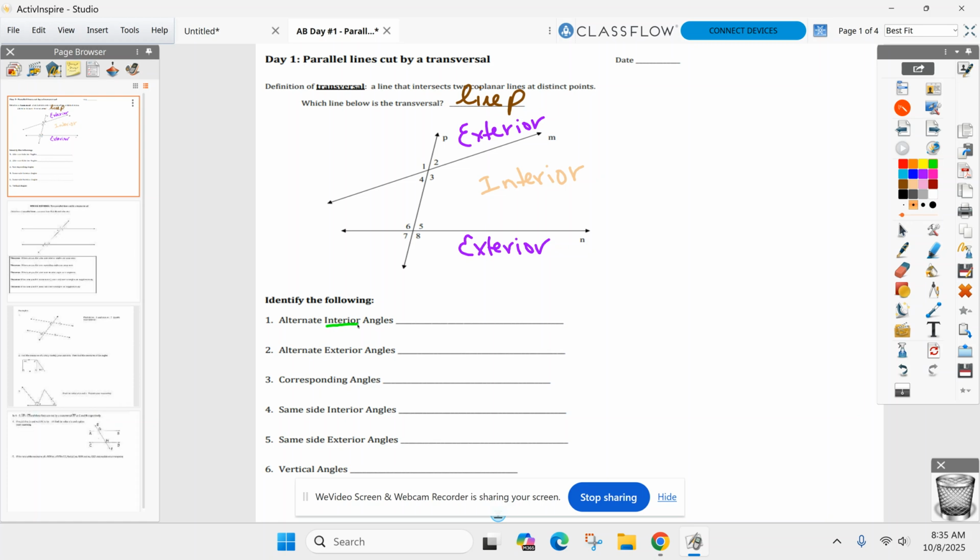So at least we know it's going to be inside those lines somewhere. But what angles, right? Because it's not just any pair I want. So let's go to the other word that's there other than interior, which is the word alternate. That is also giving you a hint on where they are located. If we see the word alternate, that is going to be opposite sides of the transversal.